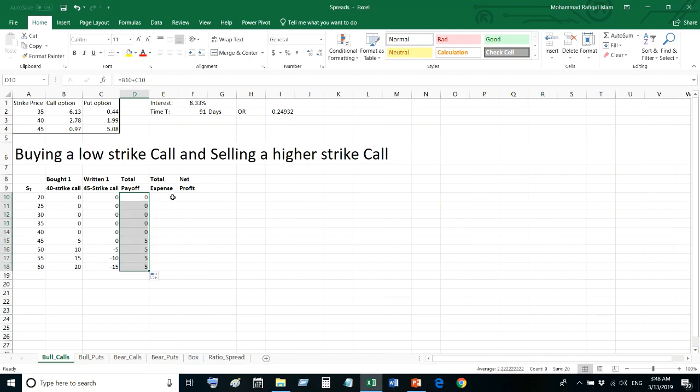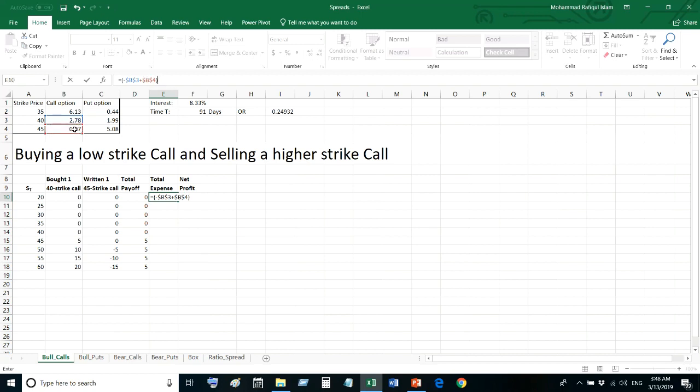Now let's find the total expense. Since we bought a 40 strike call, this is our 40 strike call price, let's fix it. And since we sold or wrote the 45 strike call, this is positive, and bracket close, times 1 plus this is our interest rate, fix it, to the power time 91 days, or equivalently 0.24932 years.